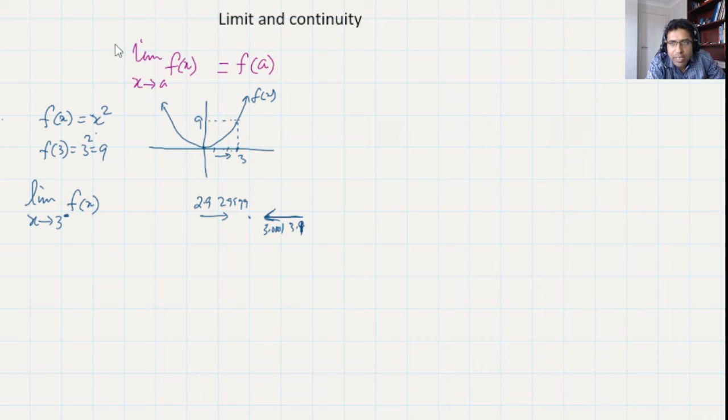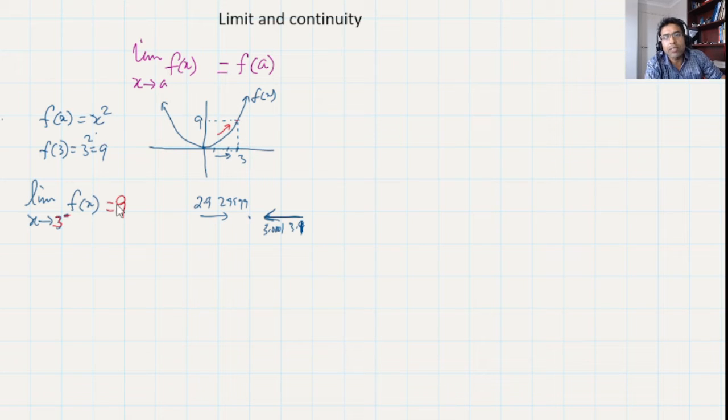We are following that direction, from the left side, in red: 3 minus. And you get 9, because if you put 2.99999 in the calculator, it gives you 9, which is a little bit less than 3.